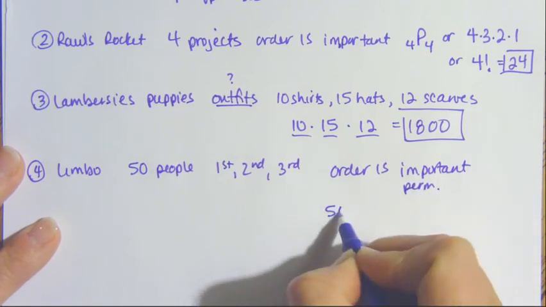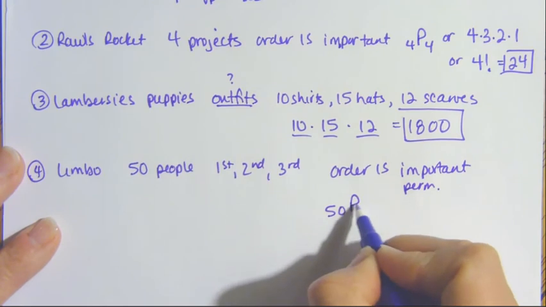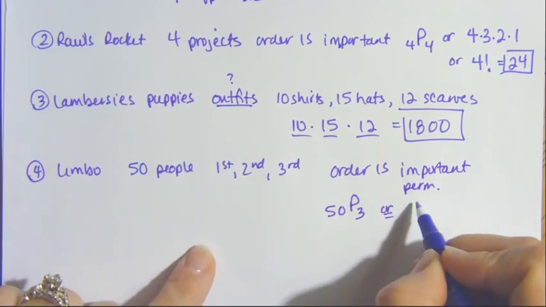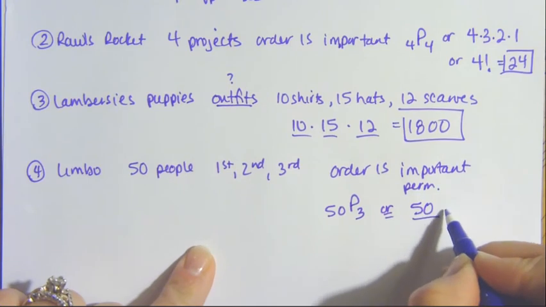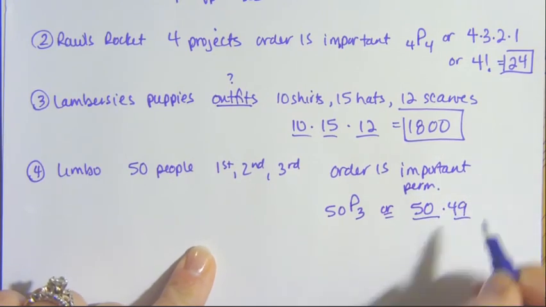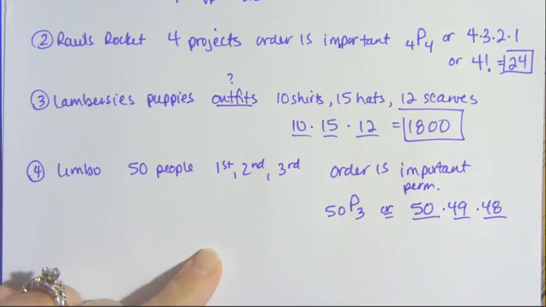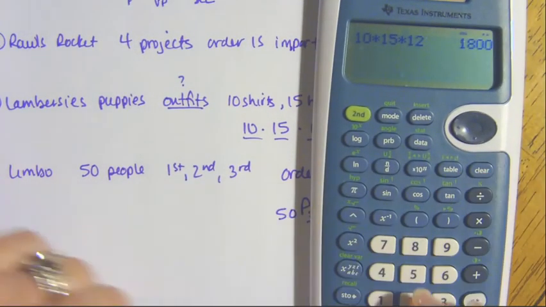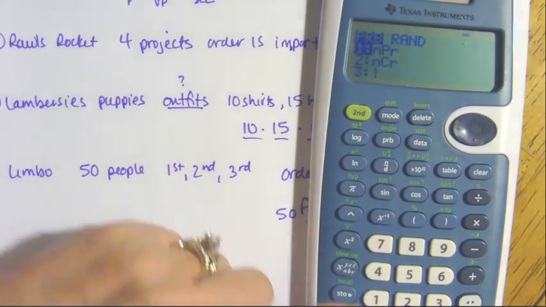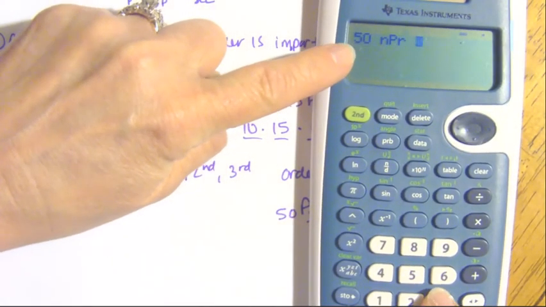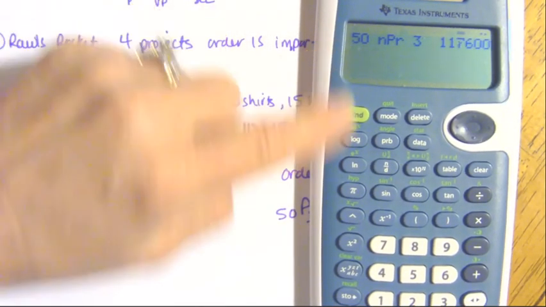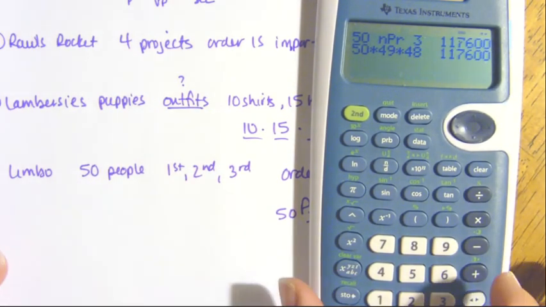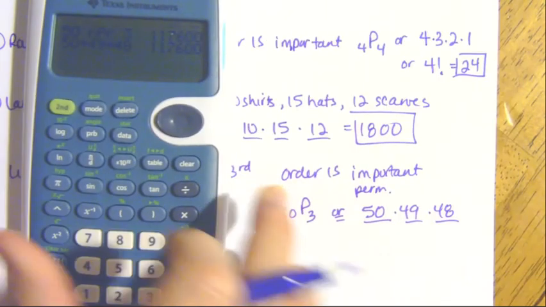There's 50 people to pick from, you want to pick 3 of them. You could say 50 people could get first, then there's only 49 to get second, then there's 48 who could get third place. So I would type 50 PRB, the permutation button, 3, or if you want to do 50 times 49 times 48, you get the same answer. So these are pretty big answers.